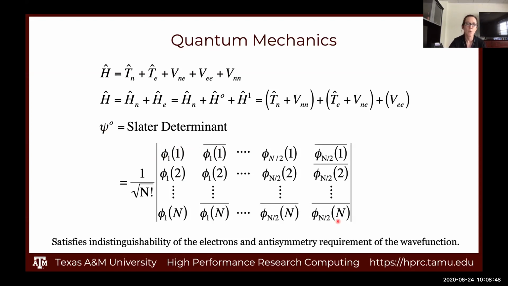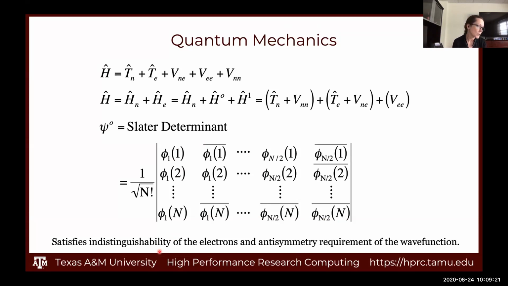Okay, occupation of the orbitals from electron 1 up through n electrons, and it's put into this matrix form. So we're not going to go into the details as to all of the quantum rules, again, outside the scope of the short course, but it's important to point out that it uses this Slater determinant, a matrix form for the wave function, which satisfies the rules that the electrons have to be indistinguishable, and the overall wave function has to be antisymmetric.